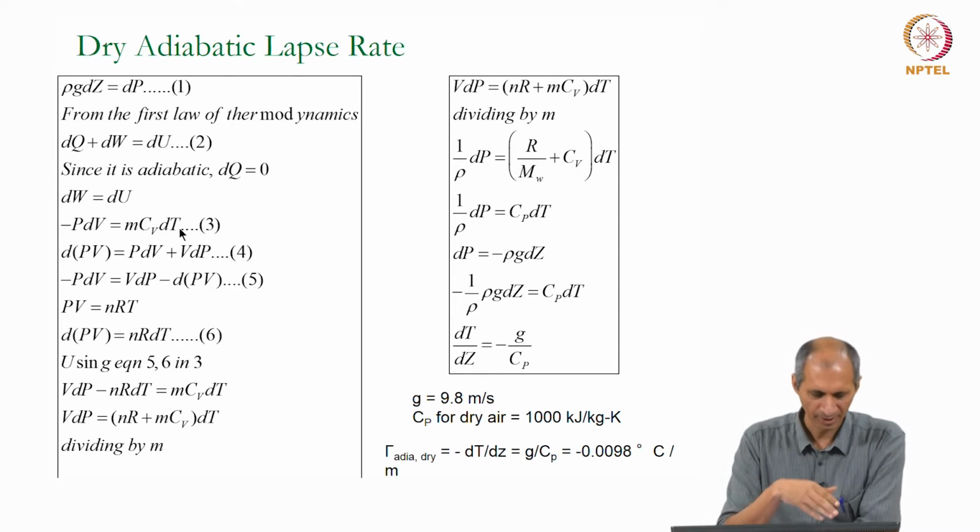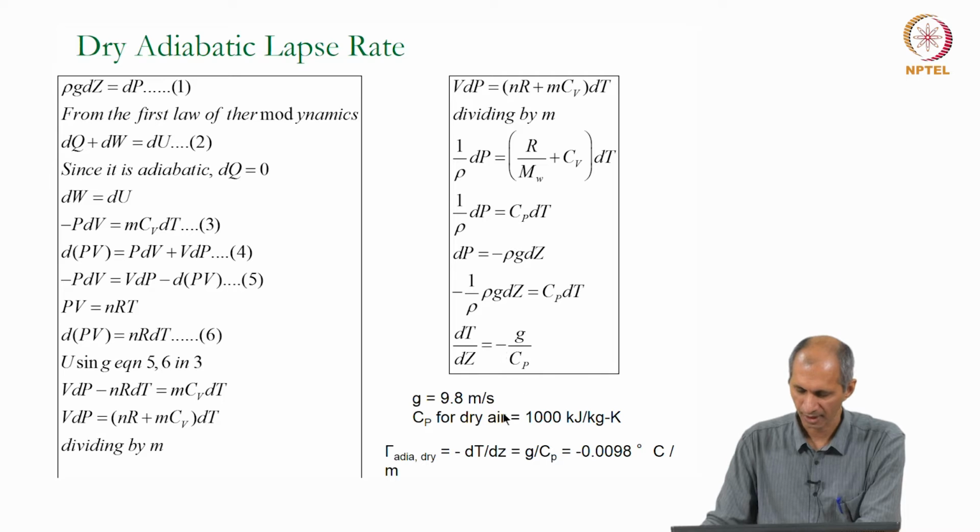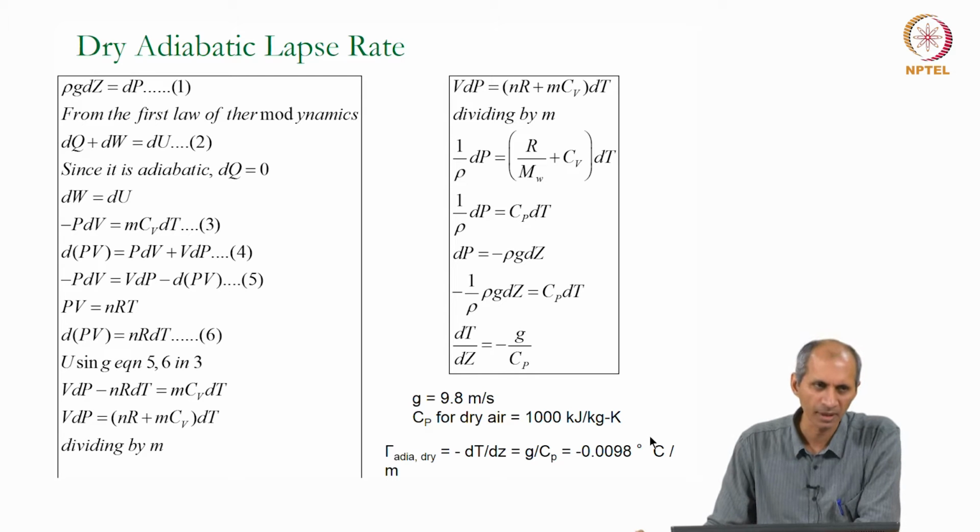So, you can go through the derivations, fairly straightforward, and then we use the definitions of Cp, Cv and all that. We come to this point and then we come down here, we get dT/dz equals minus g/Cp, where Cp is the specific heat of dry air. So, if you insert these values here, you get minus 0.0098.